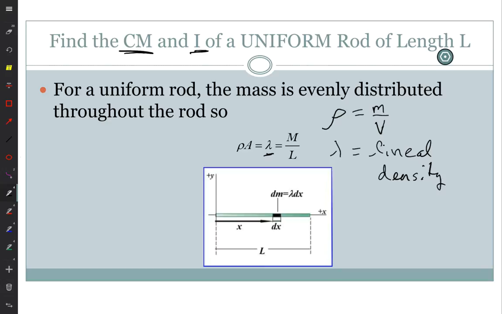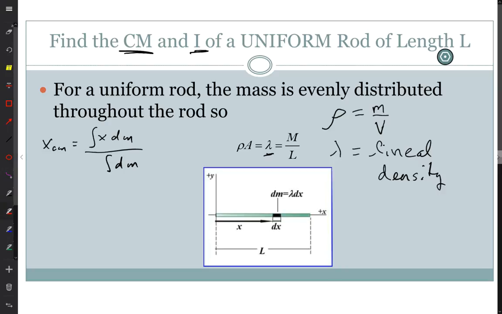So looking at my center mass equation, x center mass was equal to the integral of x dm over integral of dm. Well, using this definition of the lineal density, what is my dm going to equal? How much mass do I have in a very small length section dx?